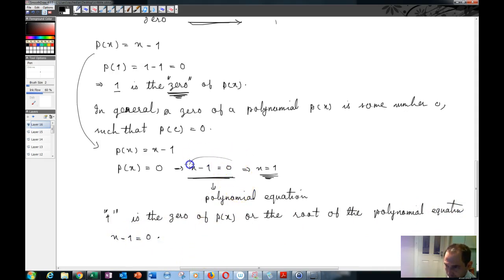So this is actually a polynomial equation, and the root of that polynomial equation, if you solve it, you'll get the root 1. Okay.